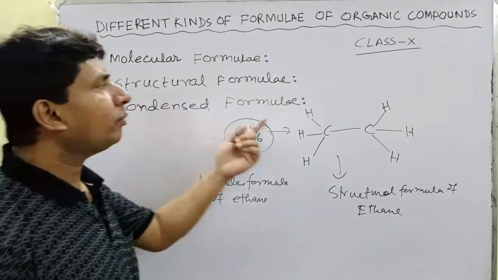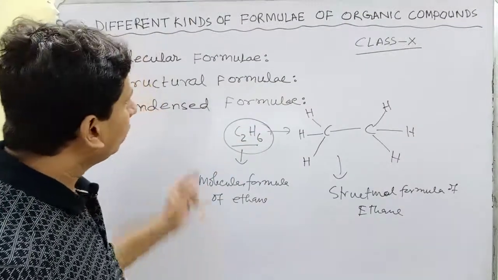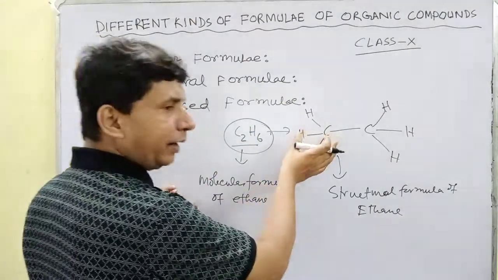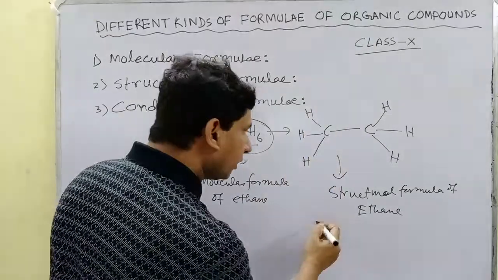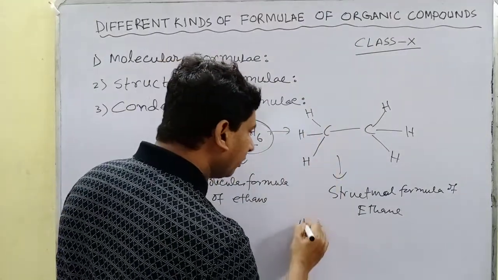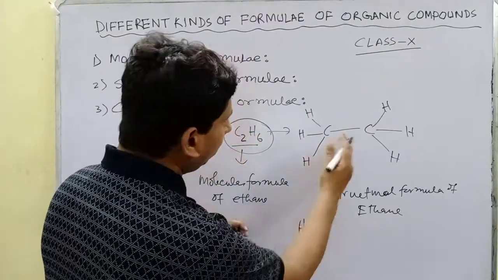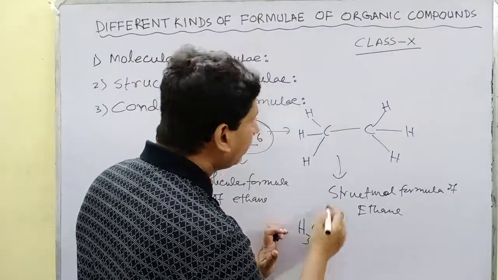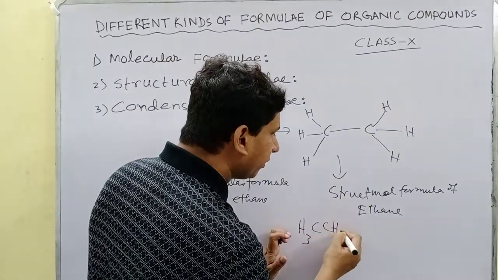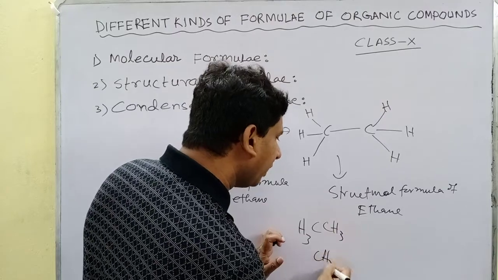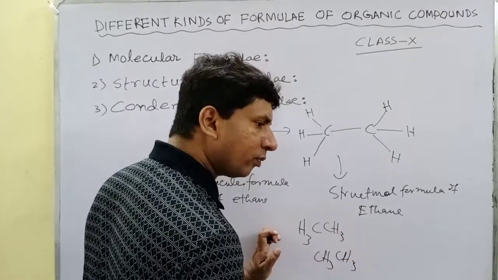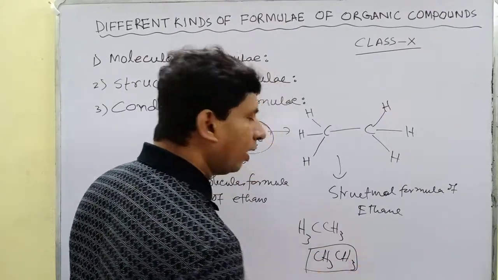And then what will be the condensed formula? The condensed form we can write in this way. This is ethane, so this is CH3. In this portion there is a CH3 and this is also a CH3, so you can write CH3CH3. This is the condensed formula.